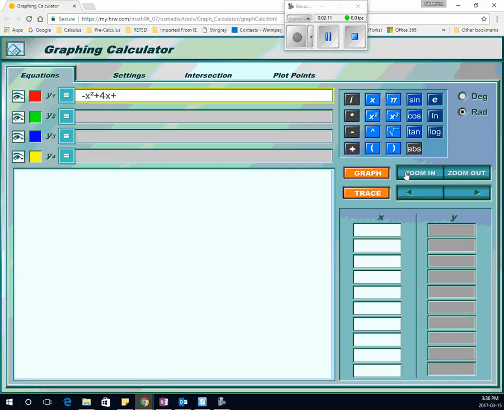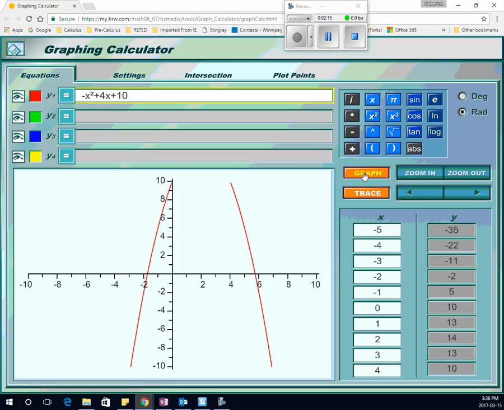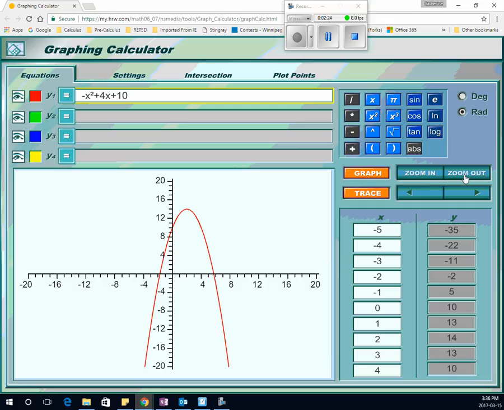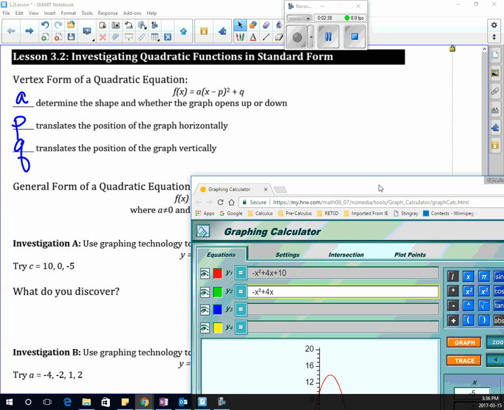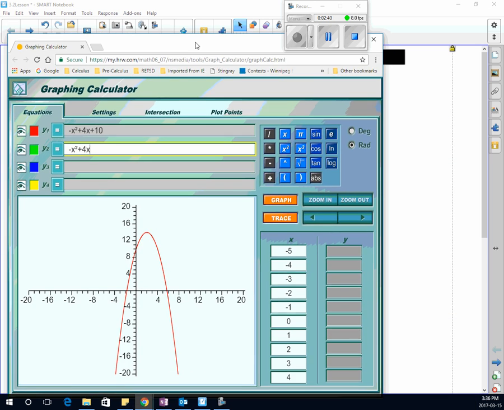And we'll graph that. And so you can see how it's higher up. You can zoom out a little bit so we can see it a little bit better. And we're going to do the same one again, negative x squared plus 4x. But this time we want plus 0.